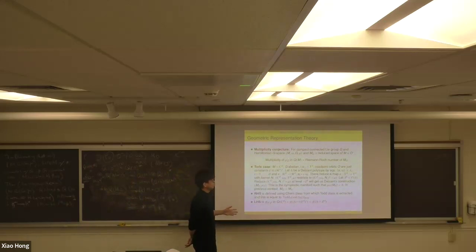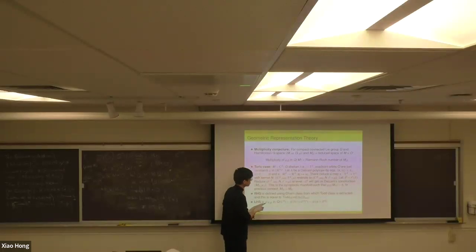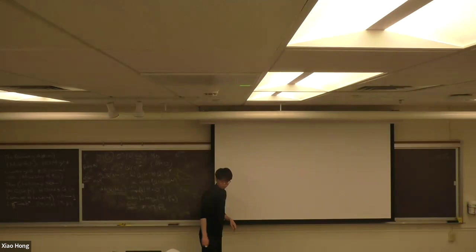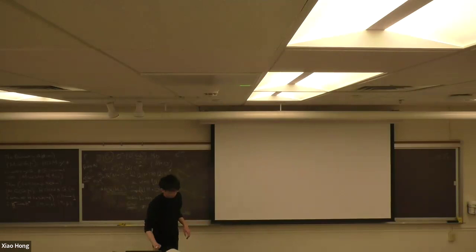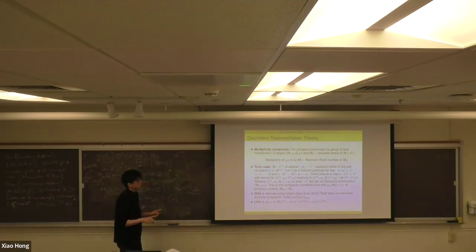Due to the time limit, I will not talk about the details for this, but you can see that in the toric settings, the reduced space MO is equal to M delta, where M delta is Delzant's construction of a symplectic manifold, so that its moment polytope is the Delzant polytope given here.